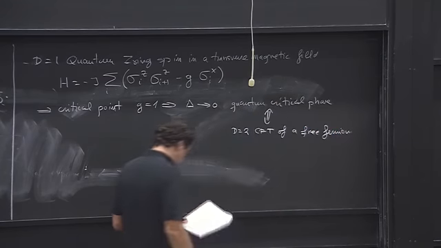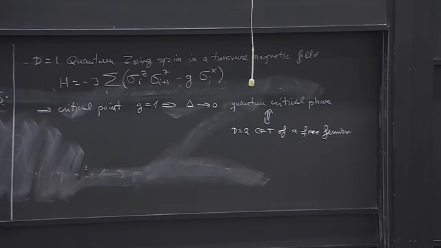Okay? And this is just the tip of the iceberg. So I just wanted to give you a couple of concrete examples of a statistical system at finite temperature and in 2 dimensions, and of quantum Hamiltonians in 1 dimension that exhibit this interesting critical behavior.